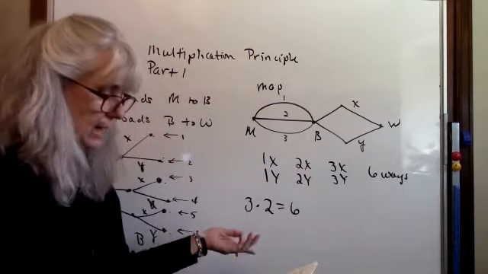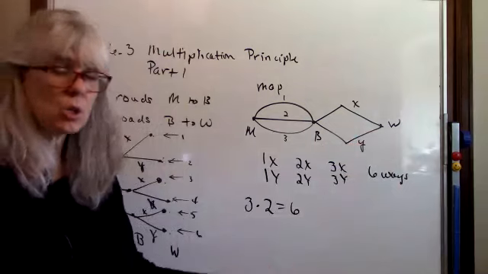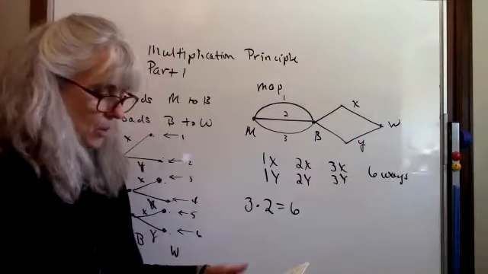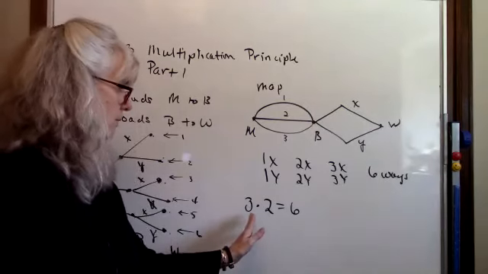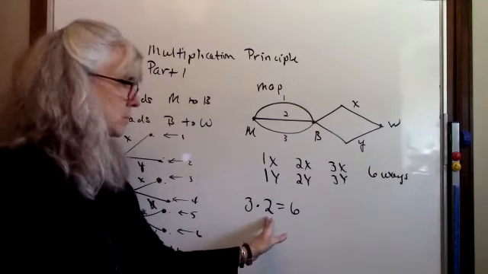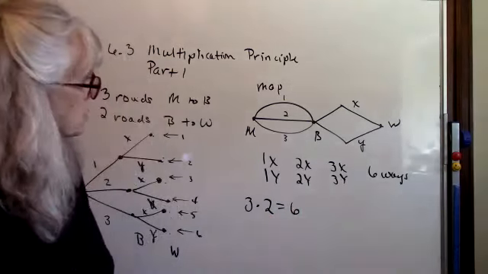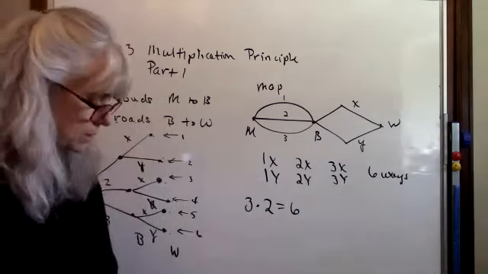Suppose a second task, going from Bozeman to Waterton, can be accomplished in N2 ways, so the number 2. Then the number of ways of performing task 1 and task 2, in that order, is given by the product of the number of ways for 1 times the number of ways for 2. Of course, you can extend this if you have more tasks. That's our introduction to this idea, the multiplication principle.